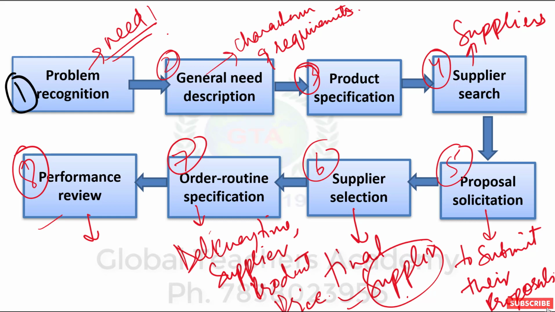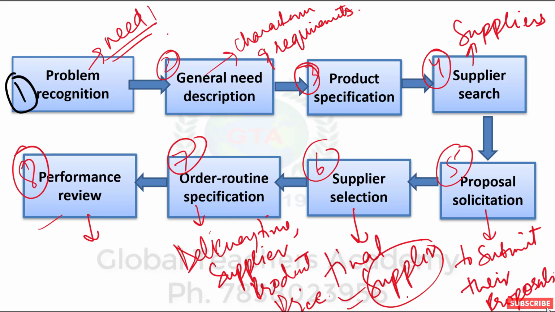You should remember these 8 stages well. What are the 8 stages in the business buying process? So the first one is problem recognition, where the need arises. Then general need description, where the requirement, what is required by the organization and the characteristics of the product and services.